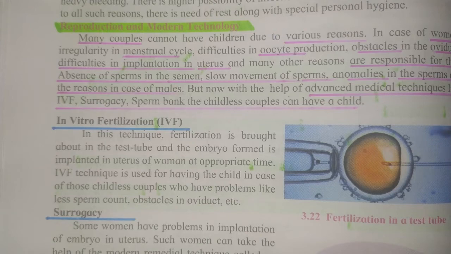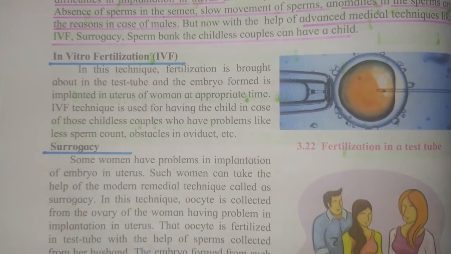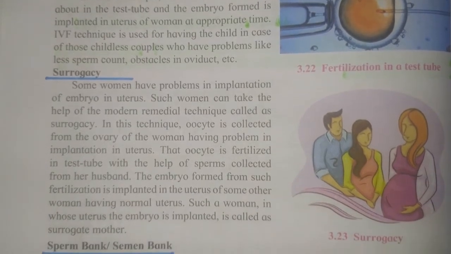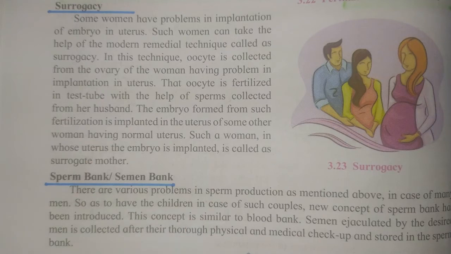The embryo formed from such fertilization is implanted in the uterus of some other woman having normal uterus. Such a woman in whose uterus the embryo is implanted is called a surrogate mother.